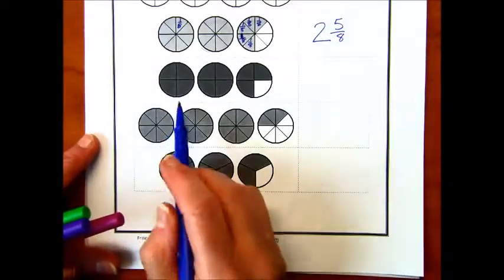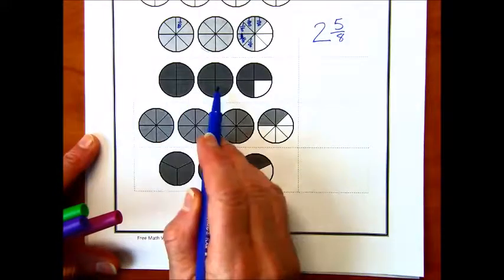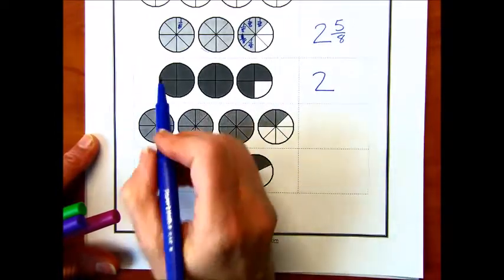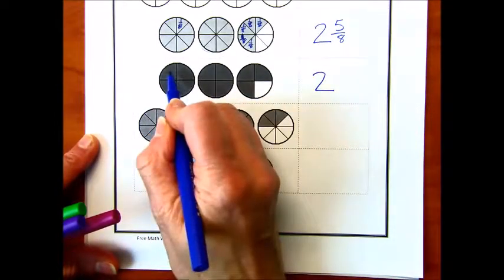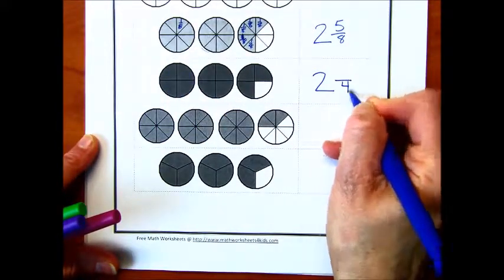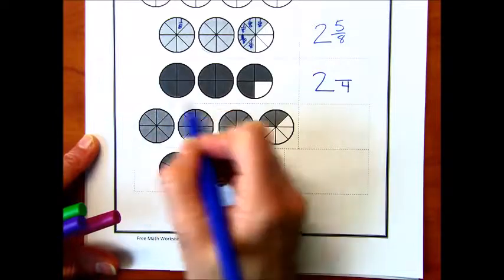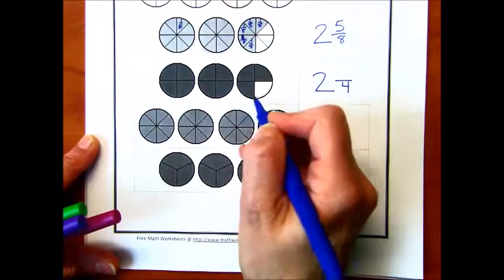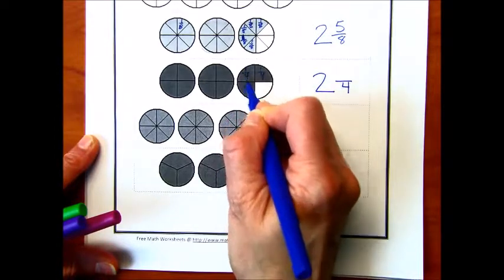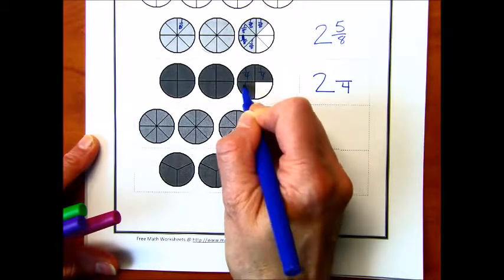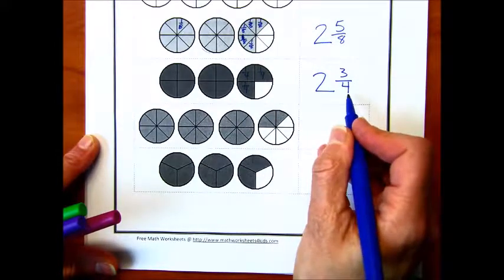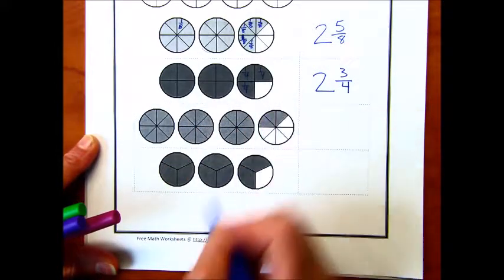Moving on to this one, we have 2 wholes again, and these are broken up into fourths, so 1, 2, 3, 4. That's what's needed to make a whole. Same here, same here. We've got 1/4, 2 fourths, and then 3/4. So 2 and 3 fourths represents this amount.